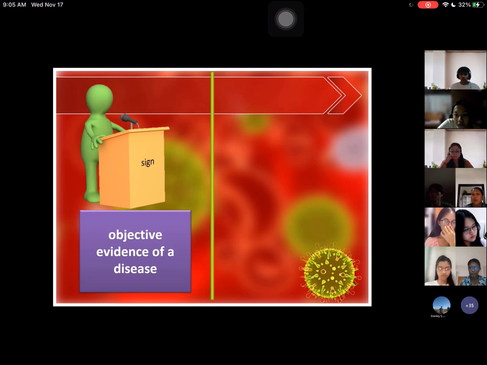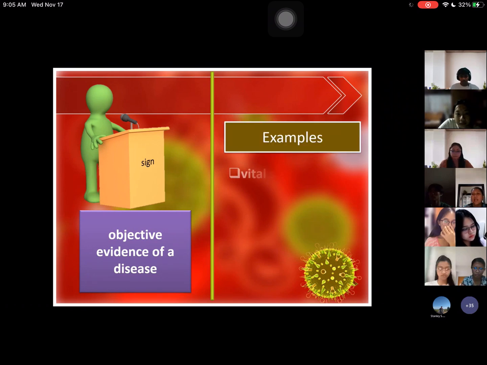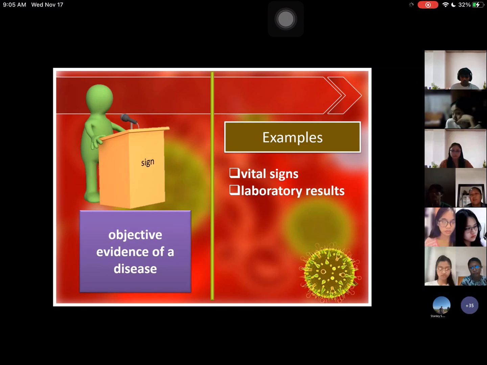So when you say signs, these are the vital signs or our vital status, and the laboratory results. When we say vital signs, this is of course our heart rate, and our blood pressure. Upon admission, they usually get our vital signs already. This is the objective evidence of the disease.